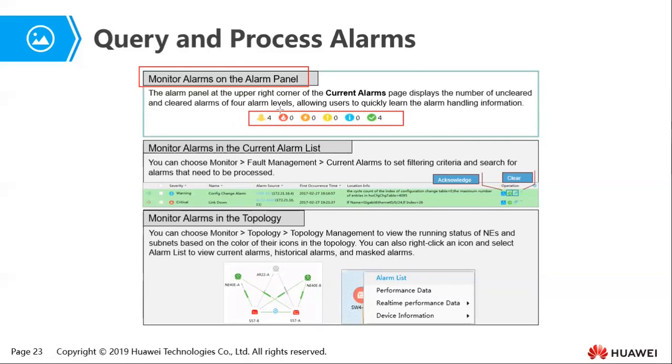Now generally, alarms are classified into 4 categories based on how severe they are. Let me just list them here.